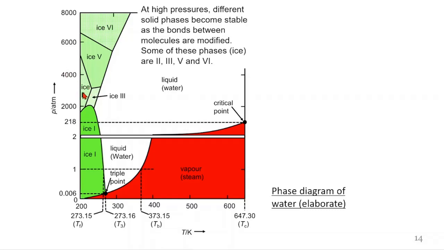We've got ice 2, ice 3, ice 5, and then ice 6. And of course, as temperature increases, the liquid phase becomes more stable, even though there is high pressure.